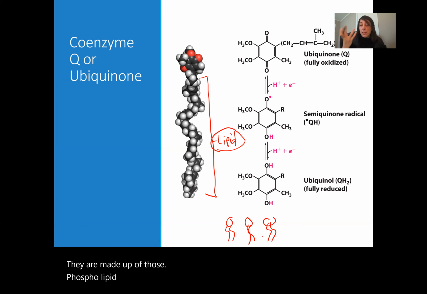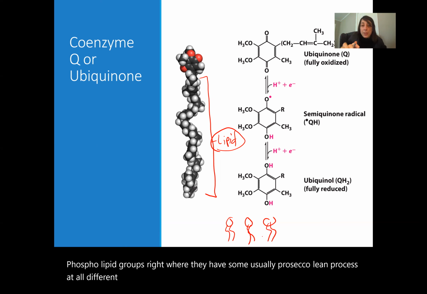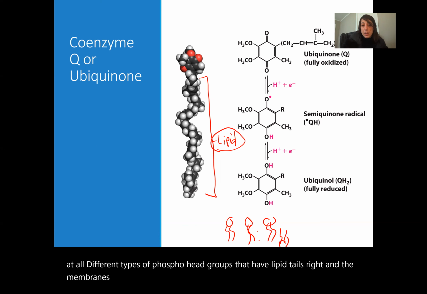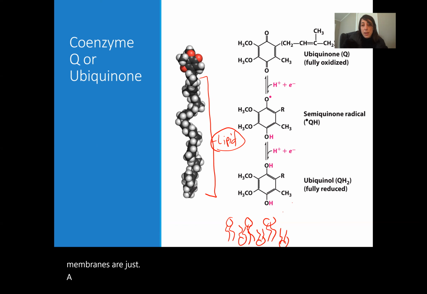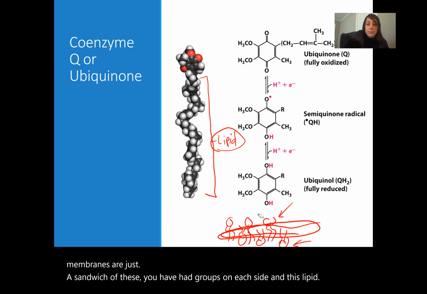Where they have usually phosphocholine, phosphoinositol, different types of phospho head groups that have lipid tails, right? And the membranes are just a sandwich of these. You have head groups on each side and this lipid center.